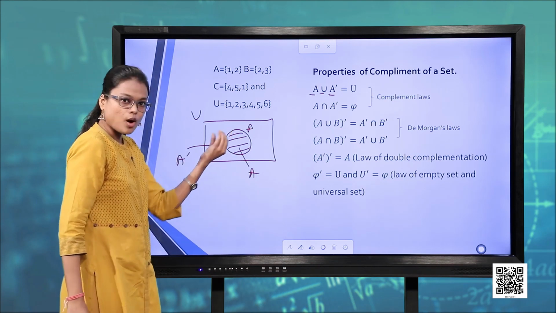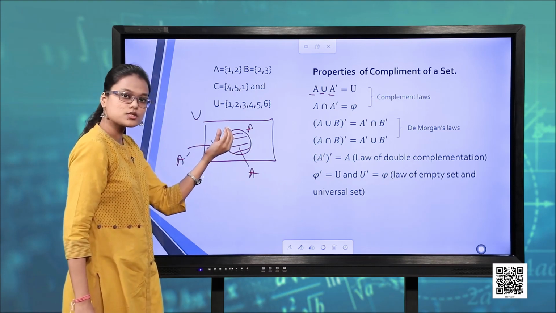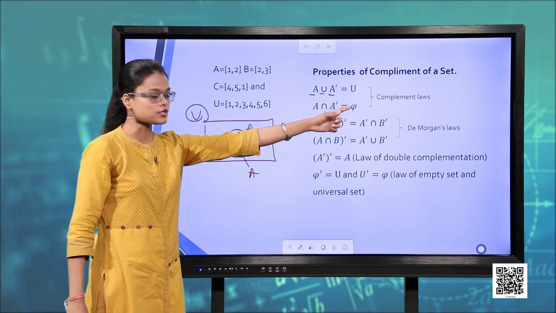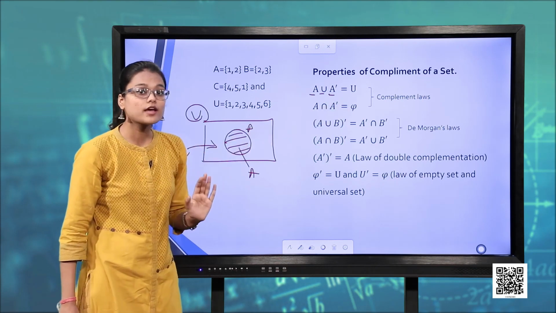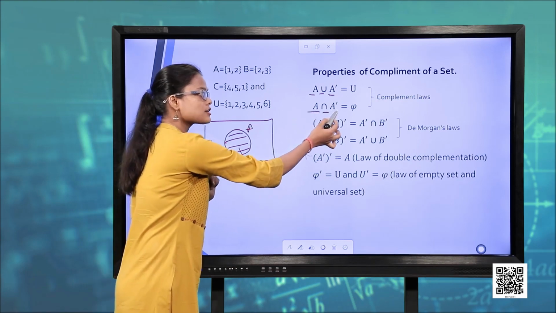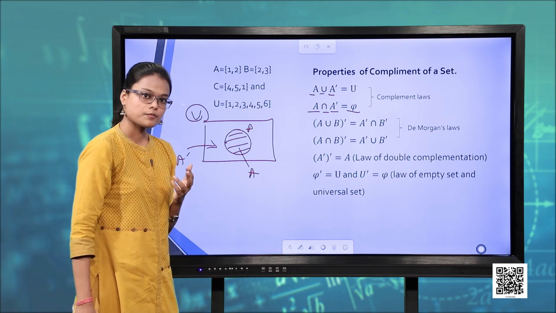There is nothing common in the two. So when we take union of the two sets, we get the full universal set. So this is the complement law. Similarly, just now I have said that they do not have anything common. That means if I take A intersection A complement, it is an empty set.